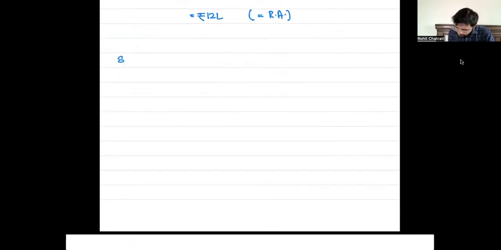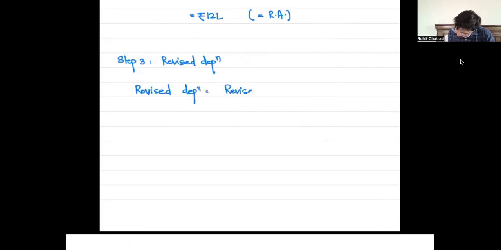All right, so step number 3 is revised depreciation. Revised depreciation is going to be equal to revised carrying amount less salvage value, the whole divided by the remaining useful life.